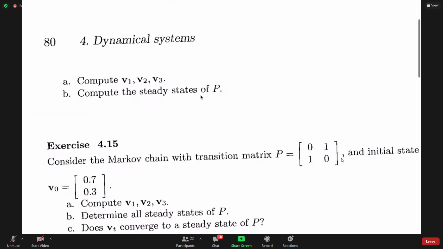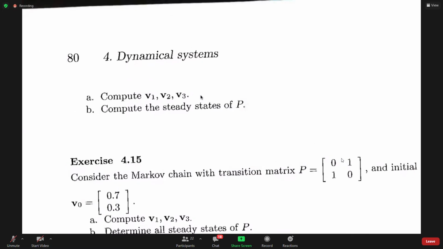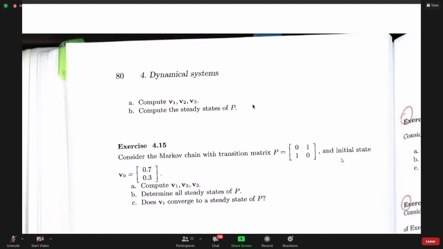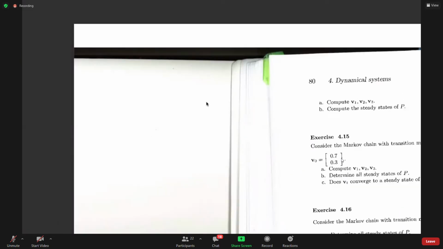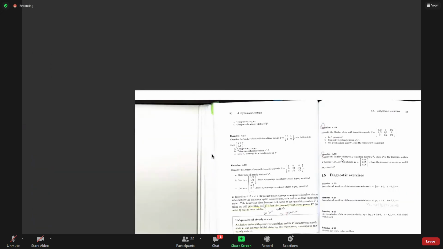So, given that transition matrix and the steady state and the V0 state 0.5, we have to compute V1, V2, and V3, and then we have to compute the steady states of our matrix P. I will turn back to the other slide in case you need to copy down the matrix.